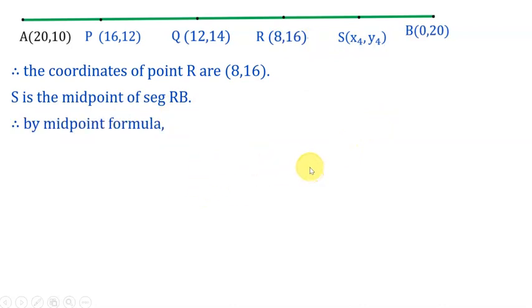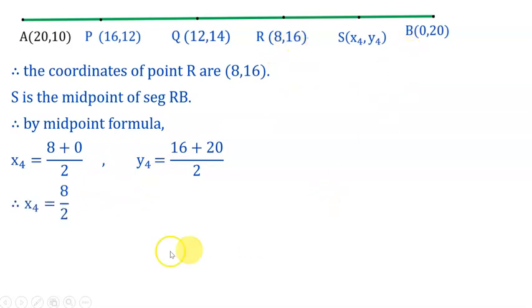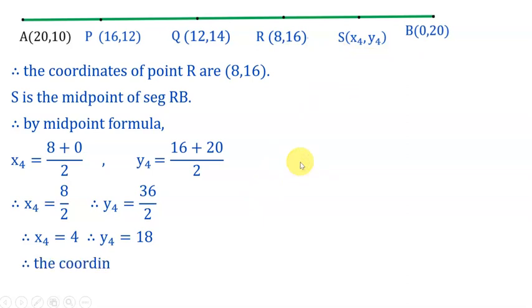Therefore, by midpoint formula, x4 is equal to 8 plus 0 upon 2, y4 is equal to 16 plus 20 upon 2, and therefore finally x4 is equal to 8 upon 2, y4 is equal to 36 upon 2, x4 is equal to 4, y4 is equal to 18. Okay, these are the coordinates of S. Therefore, the coordinates of point S are 4, 18.